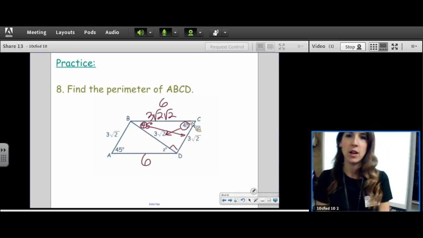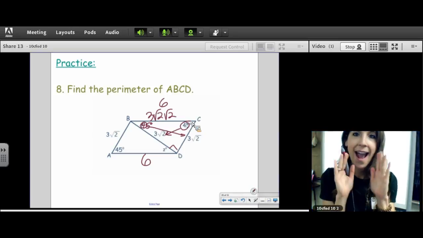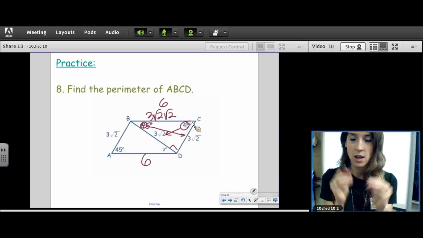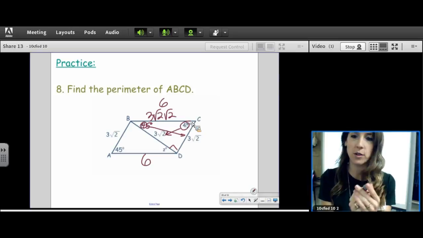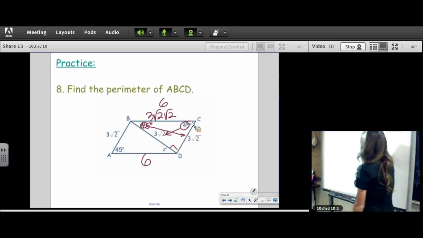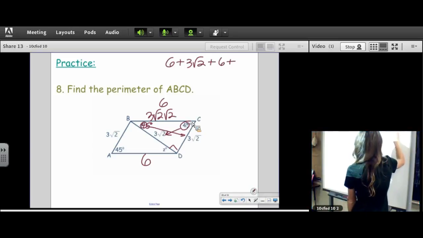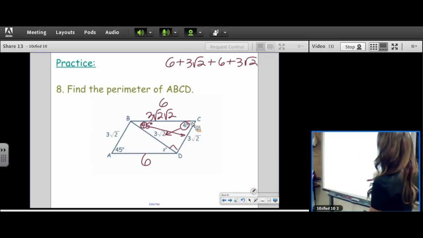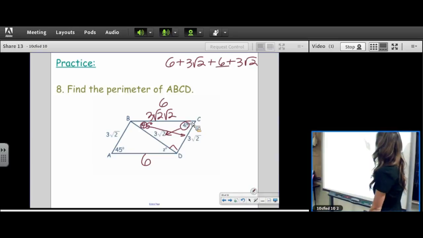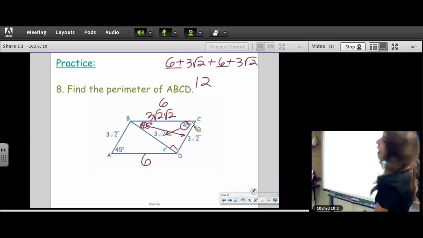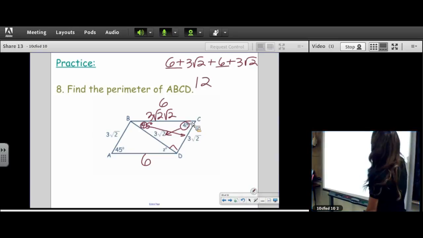Now be careful. Never add an integer to a radical. Those are not like terms. So if I was adding this together, I wouldn't normally write it in that order, but I'm trying to make a point. I am only allowed to add my like terms. I can add my integers.